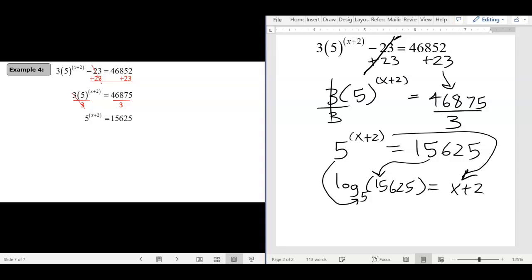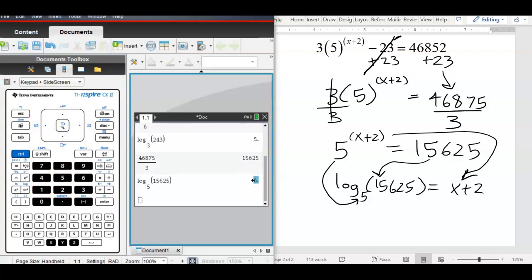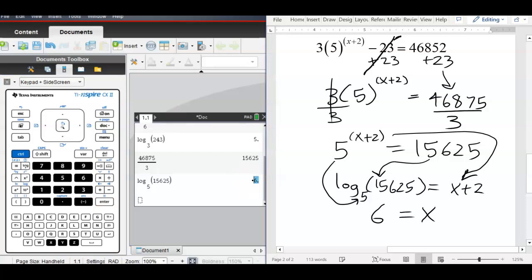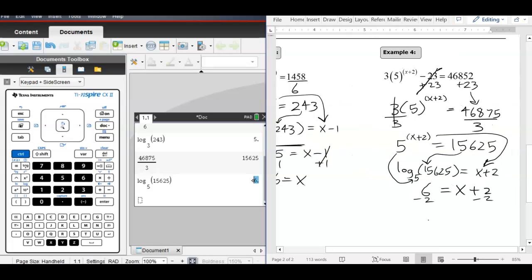Okay, now I can type this log into the calculator. Control 10 to the x, base 5, 15,625. I end up getting 6 on the left side. X plus 2 is still on the right. My last step is to get rid of that plus 2, so I subtract 2 on both sides. And I end up getting 6 minus 2 is 4.